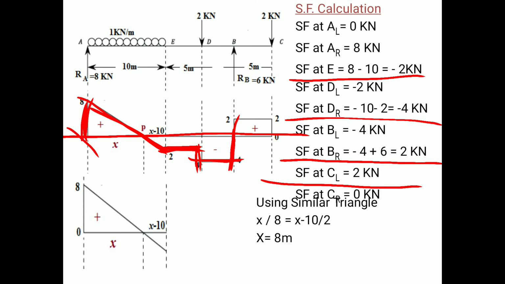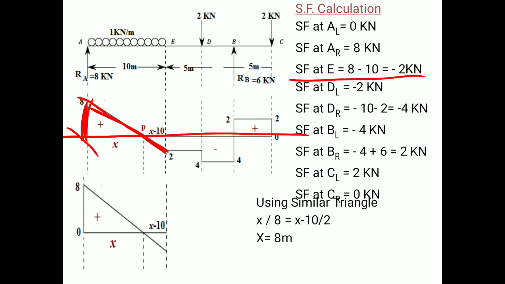At left of C again no load is acting, so it will remain constant. And again right of C, that is at the end, we have shear force equal to 0. So in this manner we have drawn the shear force diagram from the given shear force values.